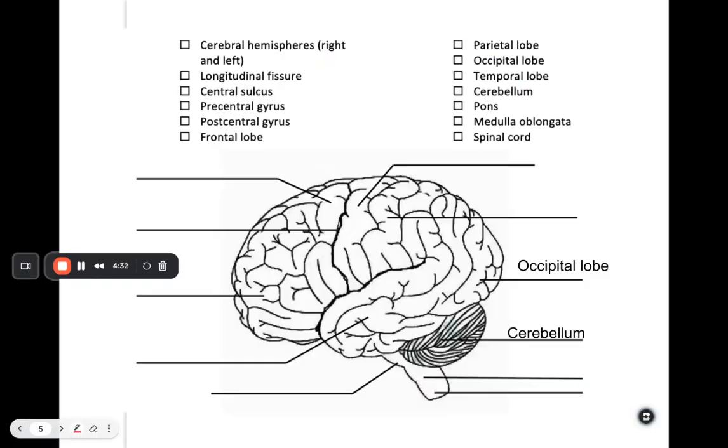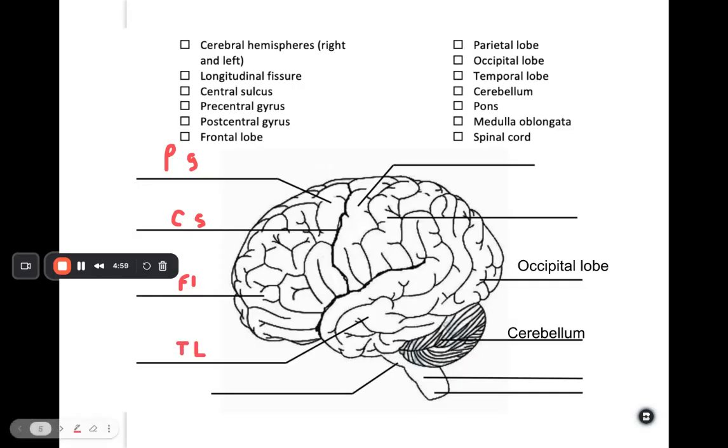So this is the picture you actually have in your lab. These are the things that you're going to need to know and label. Starting here with the precentral gyrus, and then we're going to have the central sulcus, and then the frontal lobe. Here is the temporal lobe.